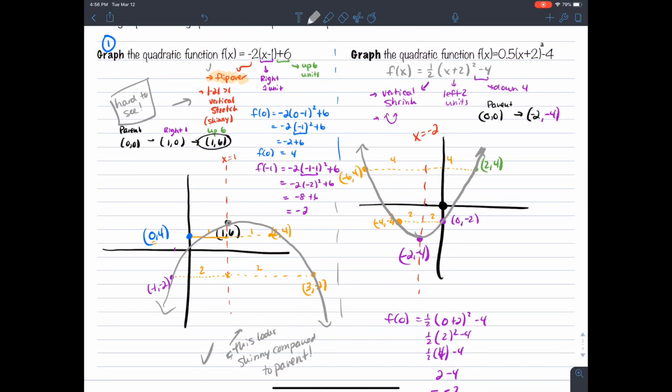Again, it's harder to see that this is a vertical shrink because of our own scale, so we can go ahead and say it should look skinny, or indicate to our teacher that this would look vertically shrunk. It's just hard to see if we don't have our parent there.